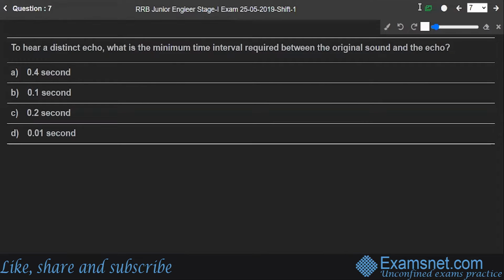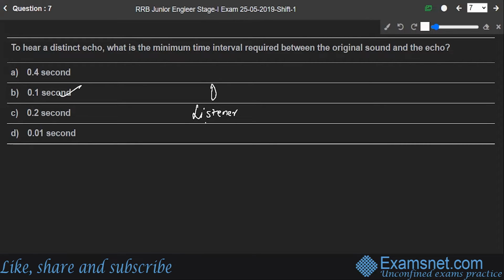Question number 7 says, to hear a distinct echo, what is the minimum time interval required between the original sound and the echo? See, the right answer to the question is 0.1 seconds. An echo is produced due to reflection of sound that arrives at the listener with a delay after the direct sound.